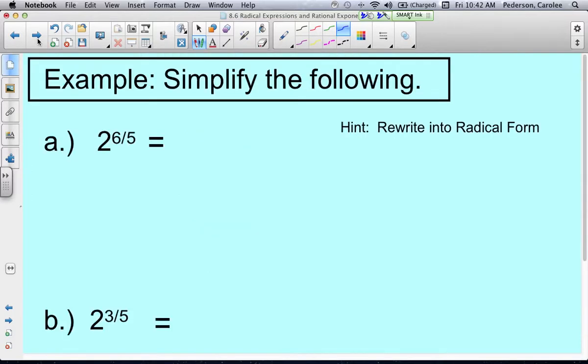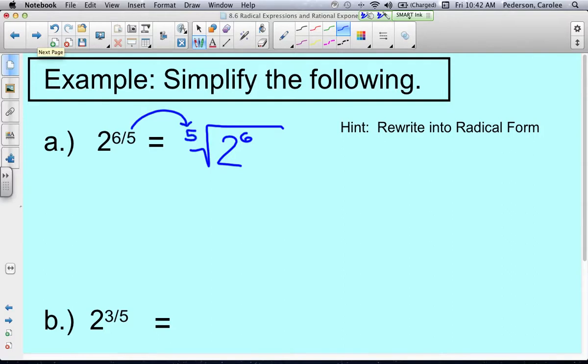All right, first example. We want you to convert these fractional exponents to radicals. So example A, 2 raised to the 6/5 power. So you want to write it as a radical. So the 2 is your base, then the 6 is your power, and then remember that denominator is your index.